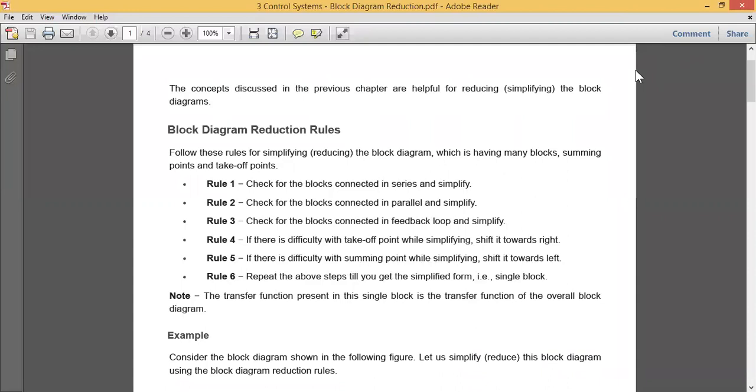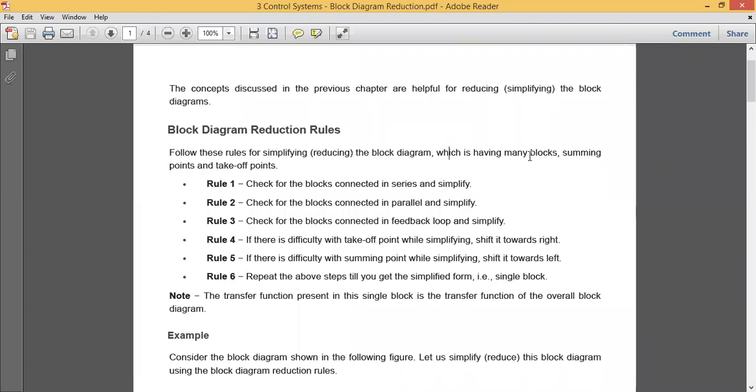There are some rules in the block diagram for simplification, or you can call it reducing the block diagram which has many blocks. The problem will not be of one block or two blocks; it can be many transfer function blocks, many summations, many takeoff points.